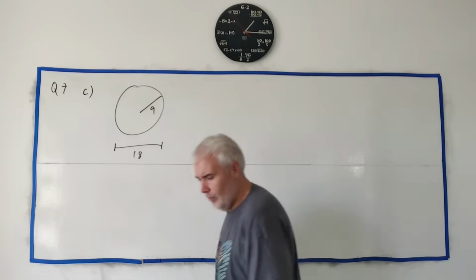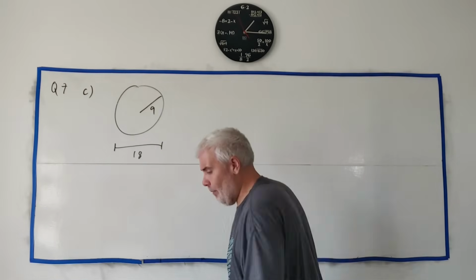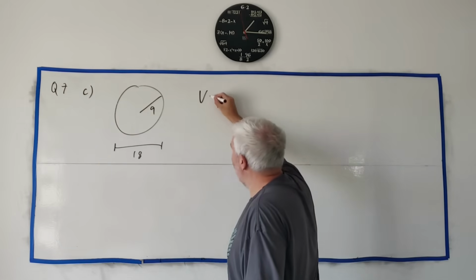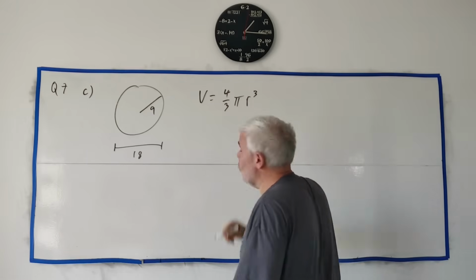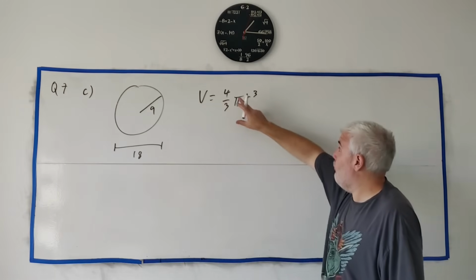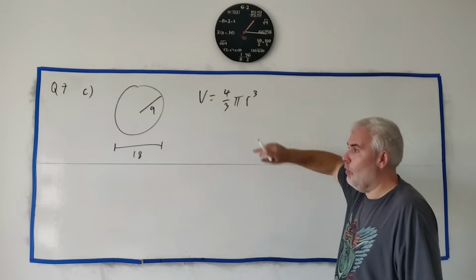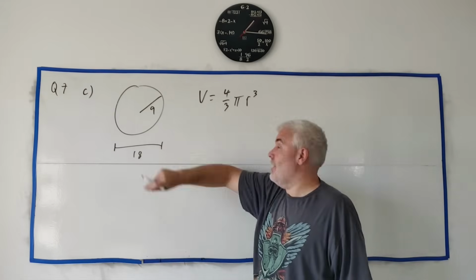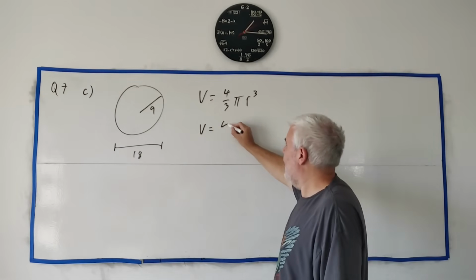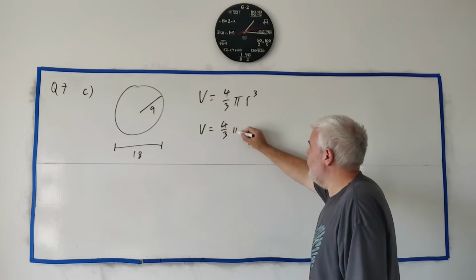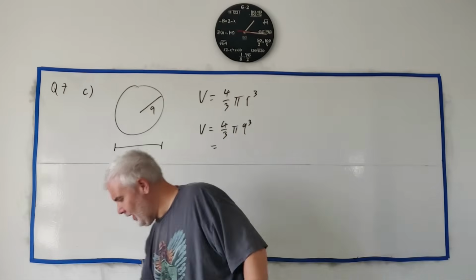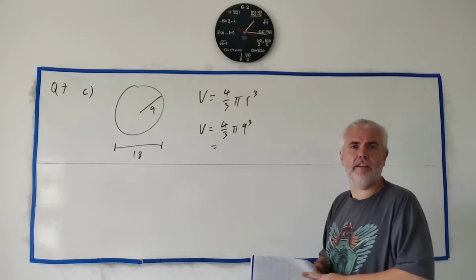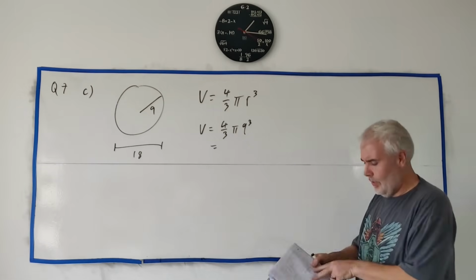We have a formula for that. We can look it up if you don't remember it. I happen to remember it. The volume is 4 over 3 pi r cubed. 4 we know, 3 we know, pi we know, or we now know is 9. So we can just fill all this in. 4 divided by 3 multiplied by pi, 9 to the power of 3. You can put all that into your calculator and you'll get the wrong answer. I'll tell you why in a moment.